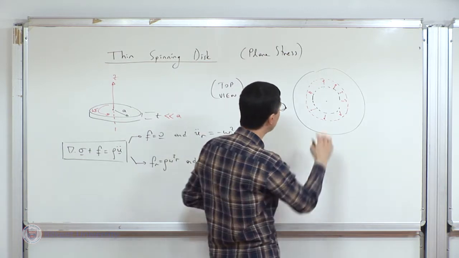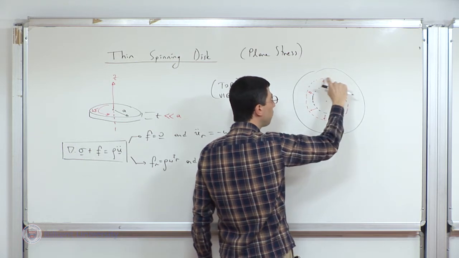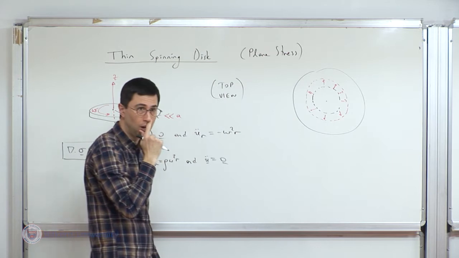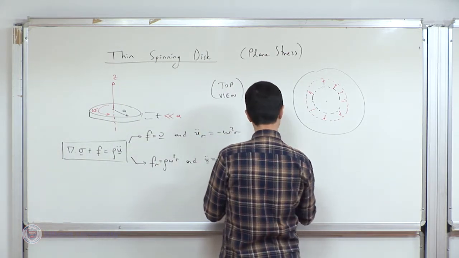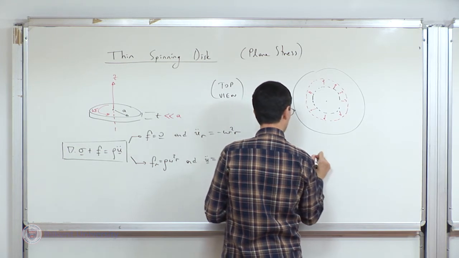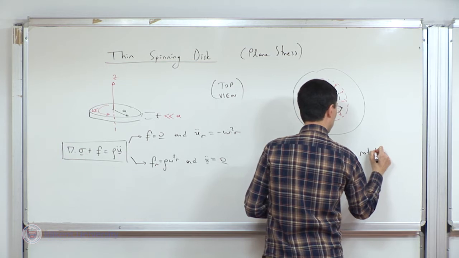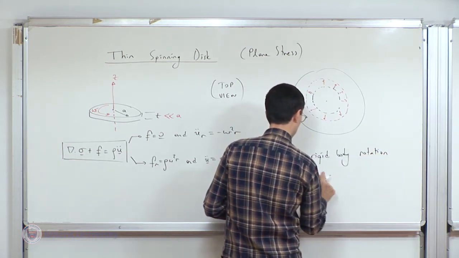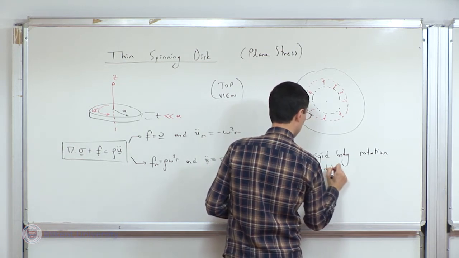So what I'm going to do is I'm only going to monitor the motion of lines or circular lines on this disk. What that means is that essentially we omit rigid body rotation of the disk.